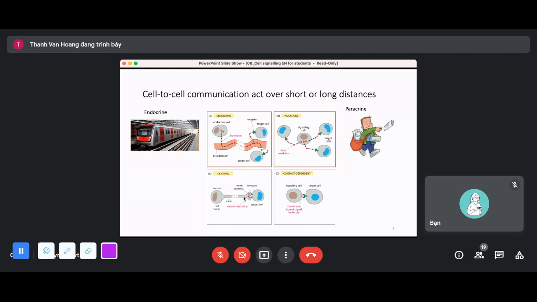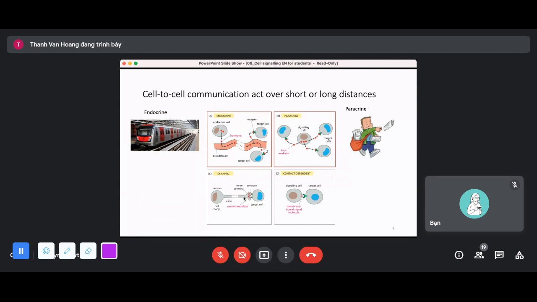And they can transfer the signal very quickly. Mm-hmm. And the disadvantage is they can only transfer the signal to the neighbor cells, but not to cells at a far distance. Yeah, very good.